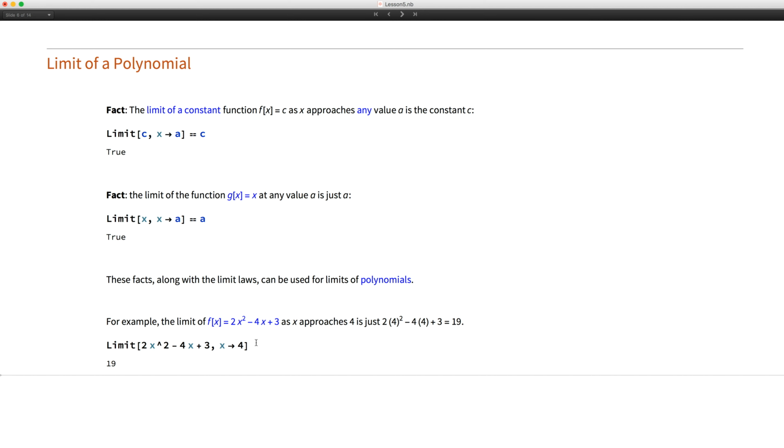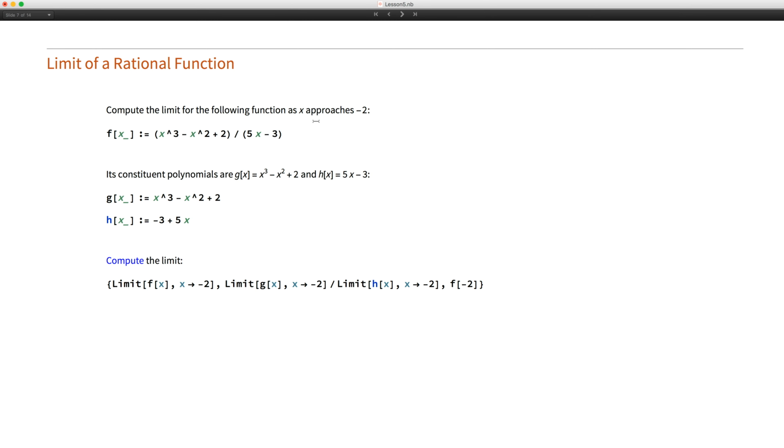Okay, so we now worked out the limit of a polynomial by substitution. The question is, what happens when you have a rational function? So here is a rational function, and you want to find the limit of this function when x approaches -2. Now, when x is -2, there's no problem at all because the denominator is not 0.